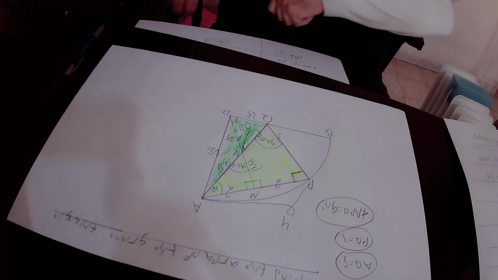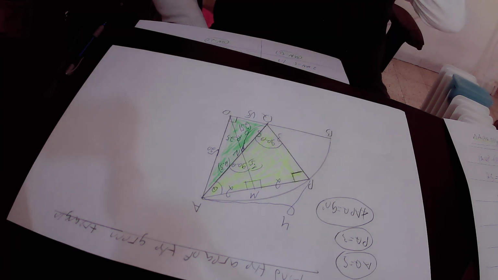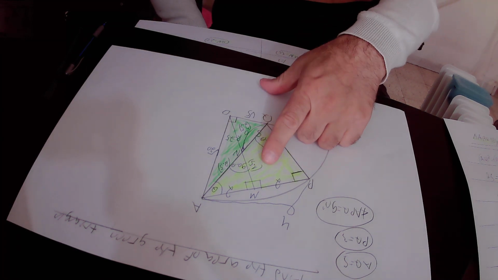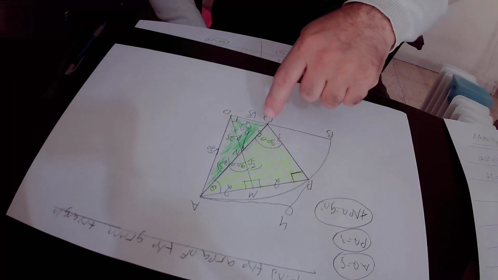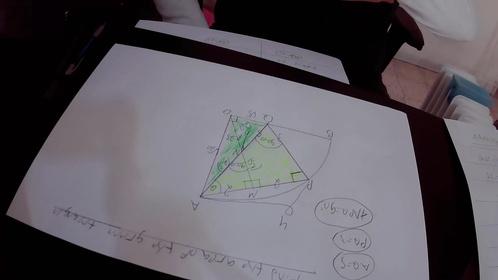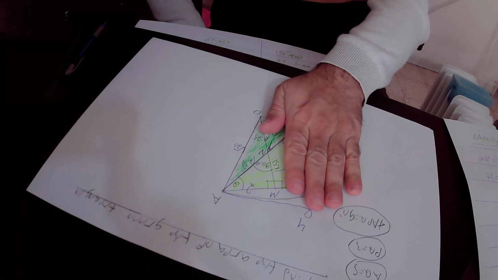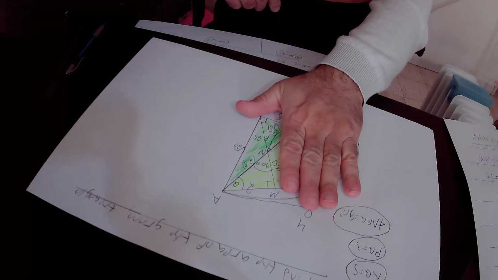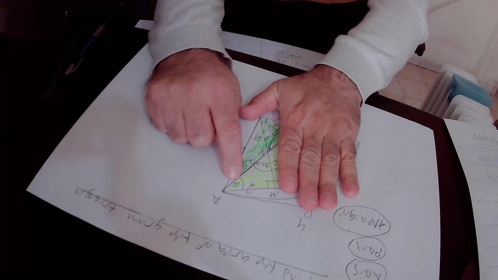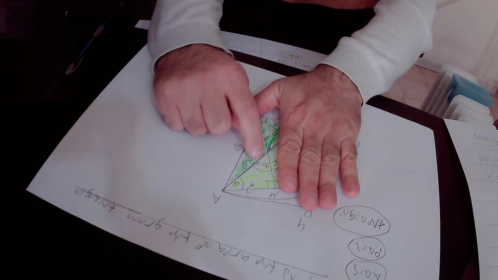Okay, then we define the intersection point between chord AM, the perpendicular OM and line segment QA as N. Then we define this angle as theta, and if we focus on the right angle triangle AMN, this angle equals theta, this angle equals 90 degrees, therefore the missing angle must be equal to 90 degrees minus theta.